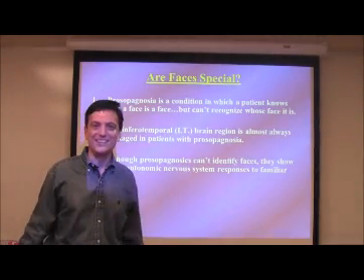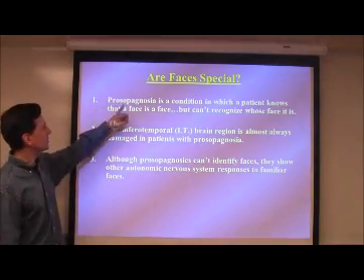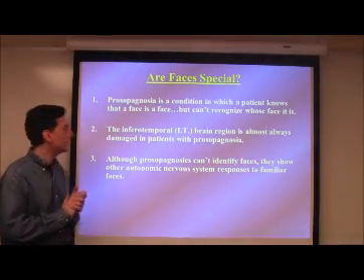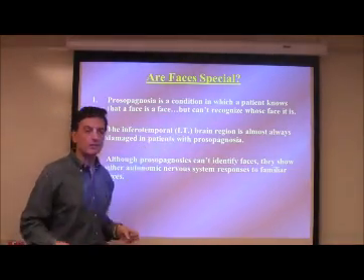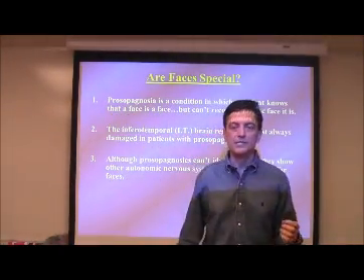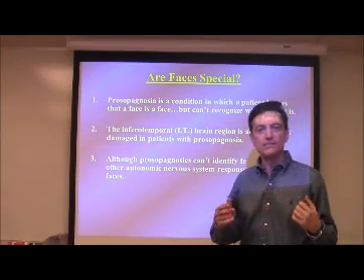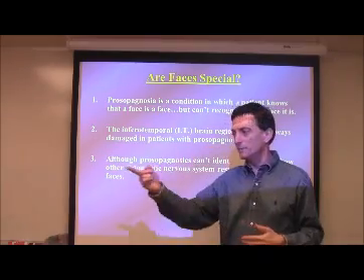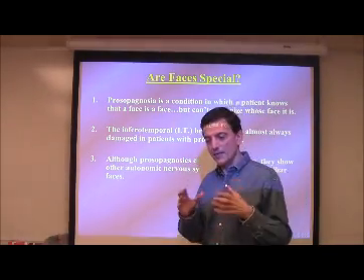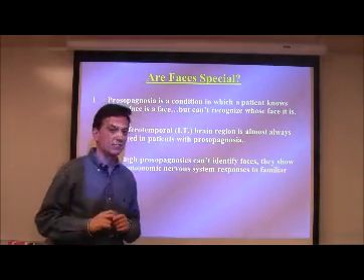Can we all say that together? Prosopagnosia. There you go. Okay, so prosopagnosia is a condition in which a patient knows that a face is a face, but can't recognize whose face it is. So just to give you an example, this person would know that a picture of a face is in fact a face and not a hand, not an elbow, not a computer desktop. They can tell that a face is a face, but they don't have the capacity to identify a particular face.